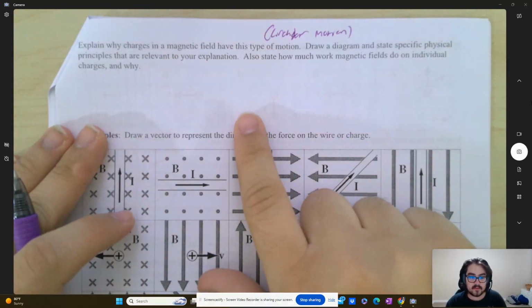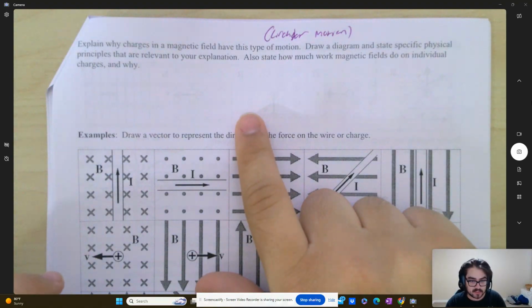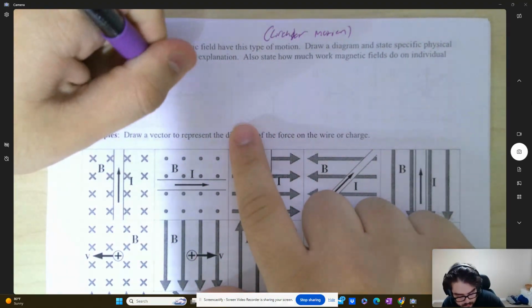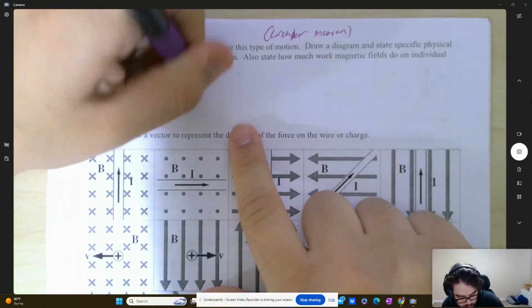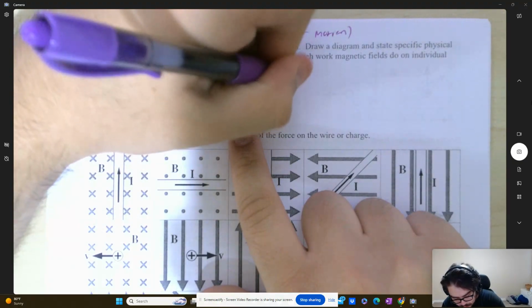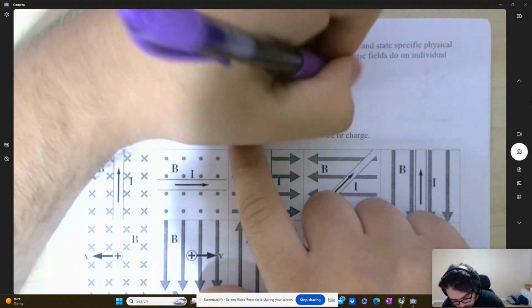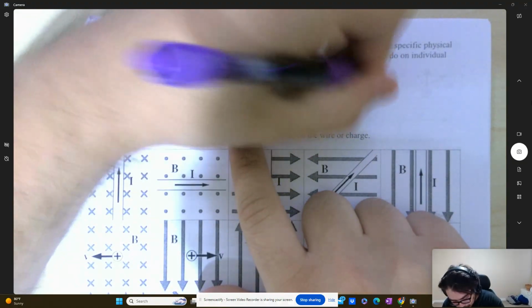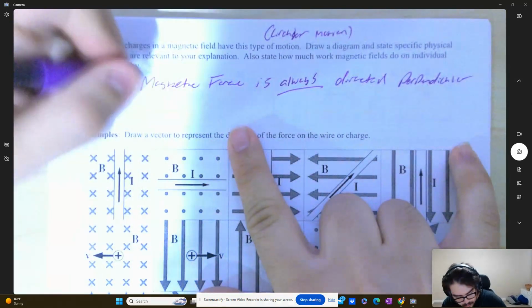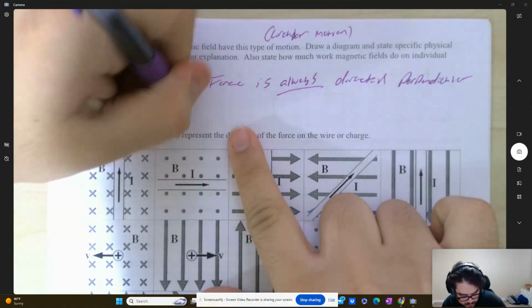Well, the magnetic field isn't changing the magnitude of velocity, it's just changing the direction, right? And that's because the magnetic force, okay, is always directed perpendicular to the charge's velocity.